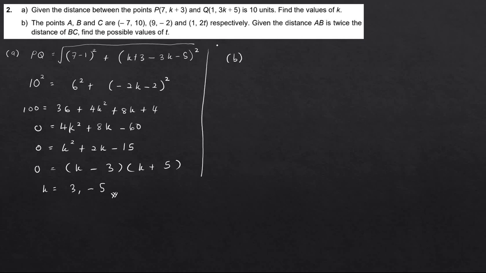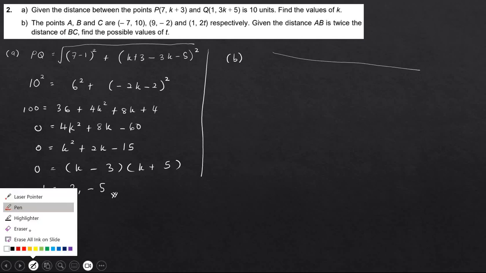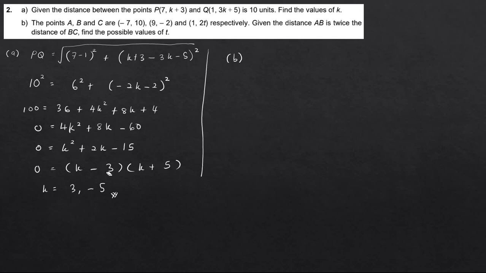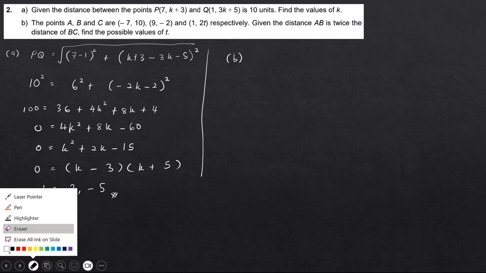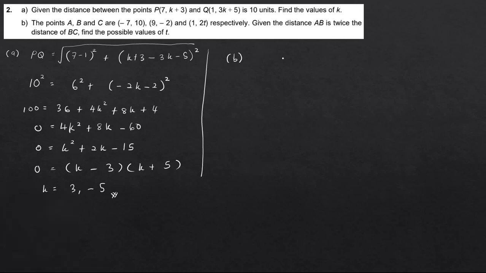Proceed with question B. The points A, B and C are given. Given the distance AB is twice the distance AC, find the possible value of t. Let's say you have a straight line.